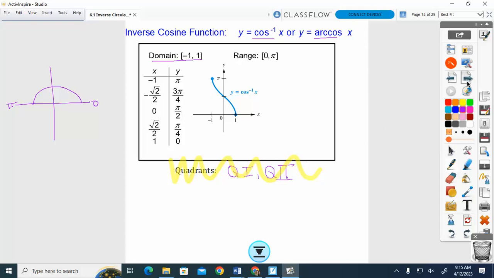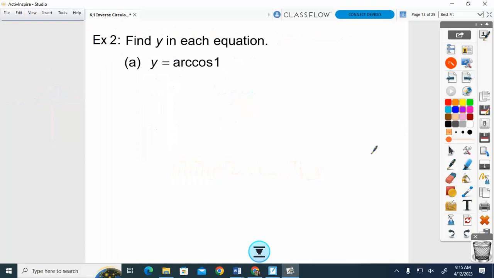So let's try a couple. Y equals arc cosine of 1. So you're just wanting the cosine of what equals positive 1. As soon as I see that arc cosine, I know my options are 1 and 2 for cosine inverse, but because it's positive, it's got to be quadrant 1.